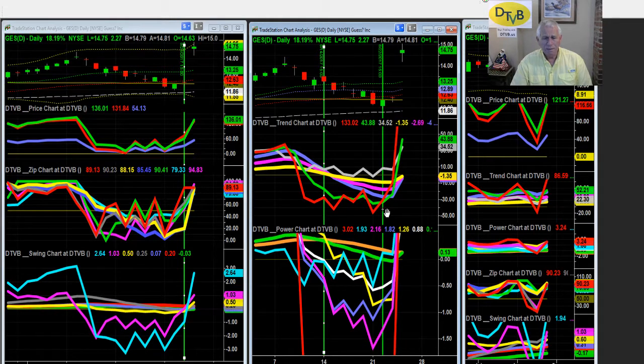When that happens, you can typically think of a strong movement the same distance. Between the vertical green lines we have 6 days, so you can think of the price moving up for 6 days after this.